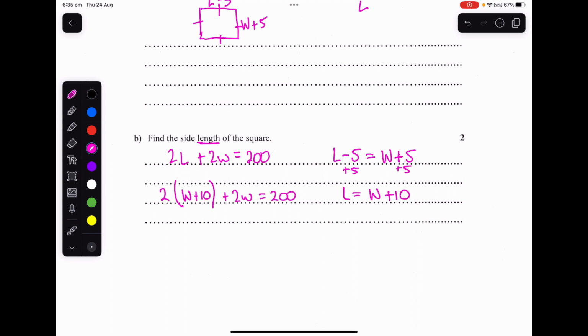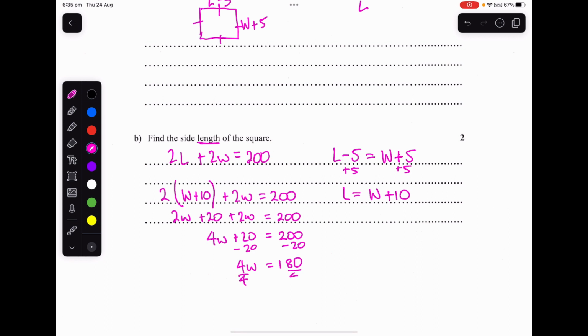Now, if I expand this and simplify, I get 2W plus 20 plus 2W equals 200, which gives me 4W plus 20 equals 200. And now I've got a two-step equation. So I'm going to minus 20. So we get 4W equals 180, divided by 4. W is going to equal 45.